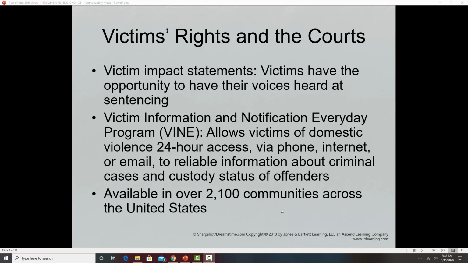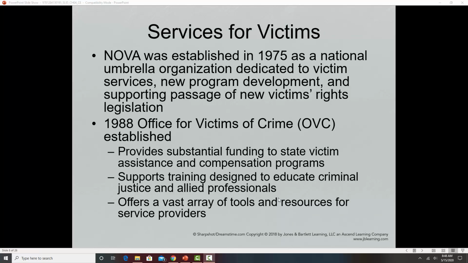It is available now in over 2,100 communities across the United States, which is really helpful for victims to know ahead of time that a person is going to be released or that they're going up for parole, things like that.